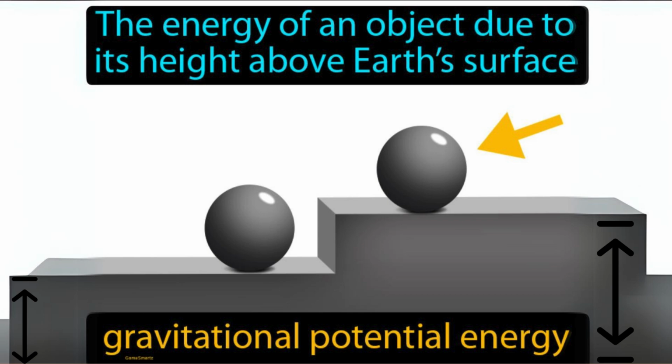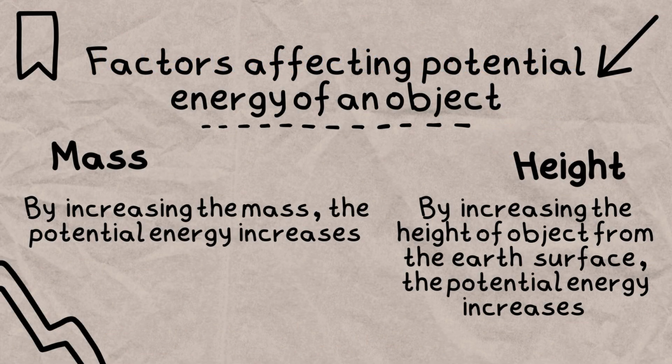Yes, of course, the ball that is in a higher place will have greater potential energy. So we now conclude that there are two factors affecting the potential energy of an object, which are mass and height. By increasing the mass, the potential energy, yes, increases also.